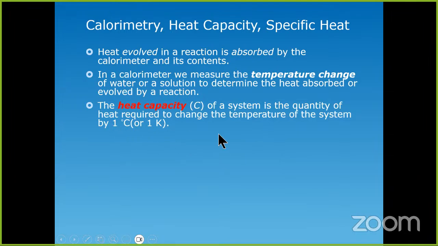At this juncture, I want to introduce a couple of terms. The first is the heat capacity. It is the amount of heat required to change the temperature of the system by 1 degree Celsius or alternatively 1 Kelvin. It doesn't matter if the temperature is measured in Kelvin or Celsius.